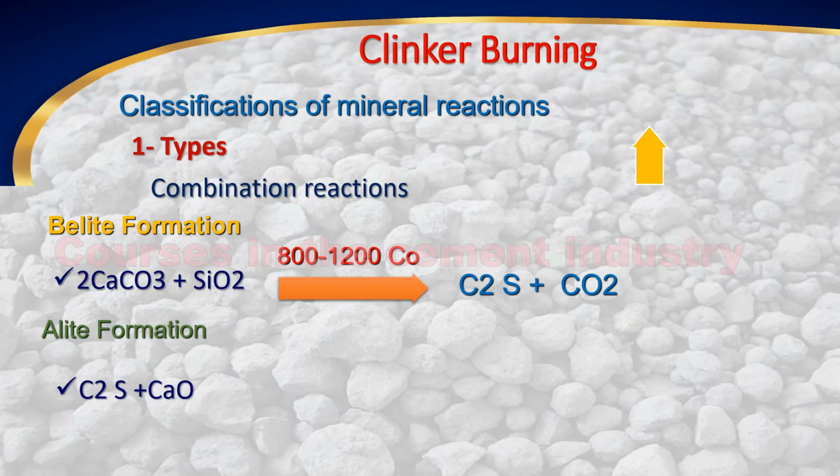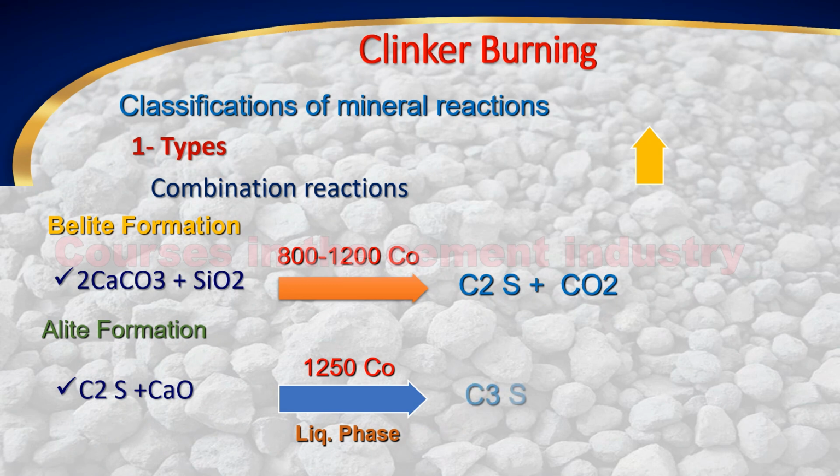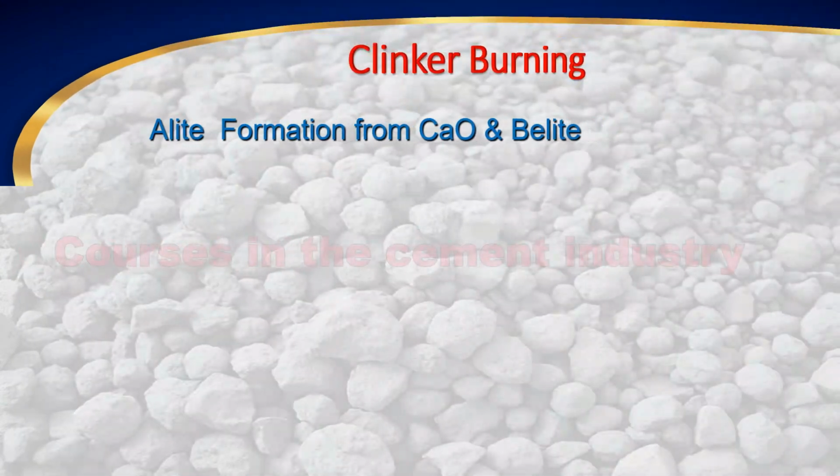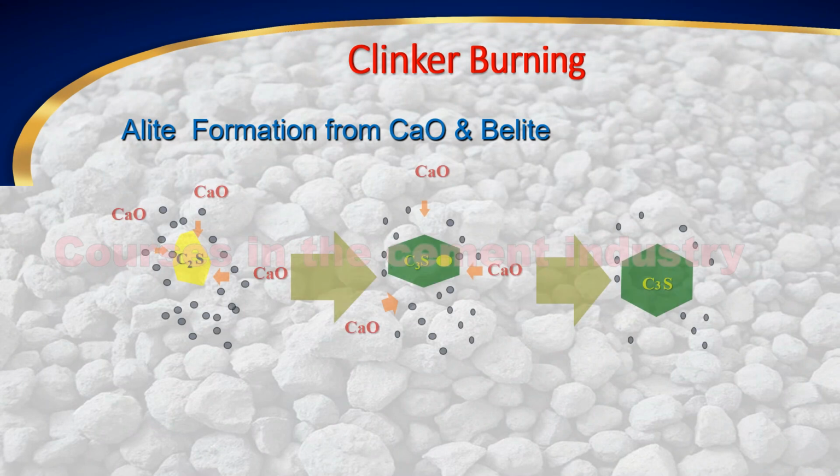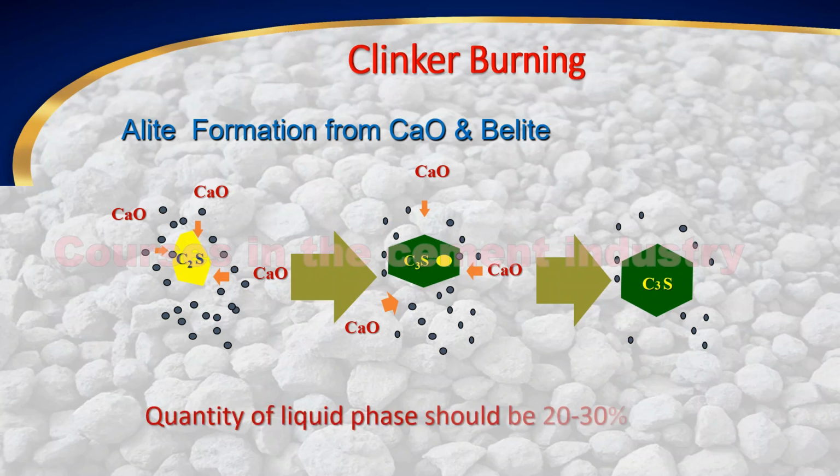C2S plus CaO at 1250 degrees, liquid phase. Result: C3S. Alite formation from CaO and belite, see in this diagram. Quantity of liquid phase should be 20 to 30%.